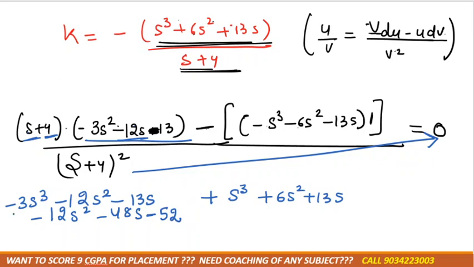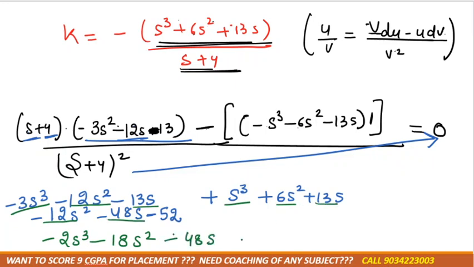Now we'll add s cube and s cube: minus 3s cube and plus s cube would equal minus 2s cube, then minus 12s square, minus 12s square and plus 6s square, that would be minus 18s square, minus 13s minus 48s plus 13s, that would be minus 48s, minus 52 is equal to 0, correct?